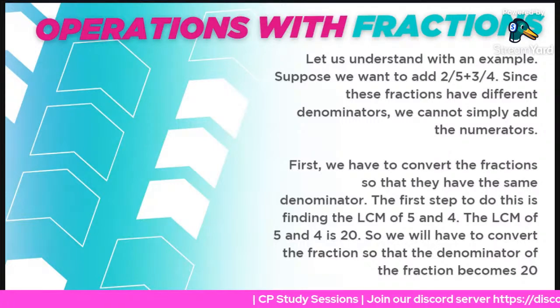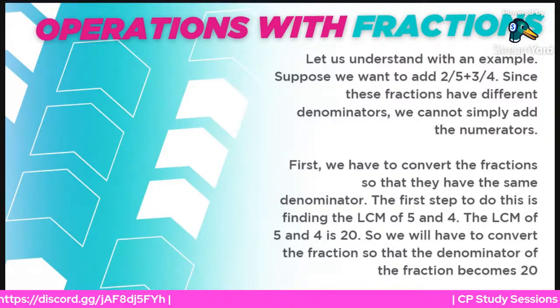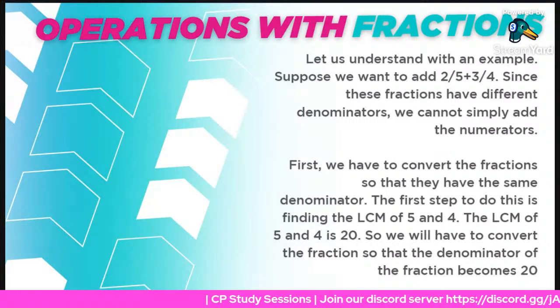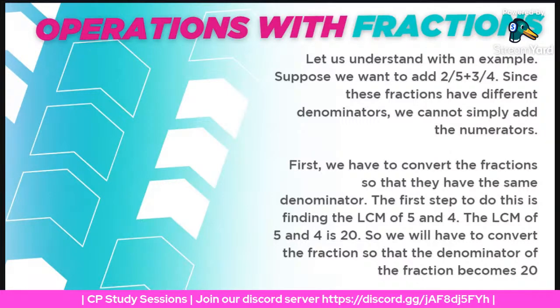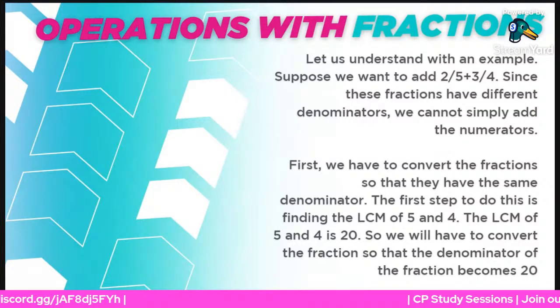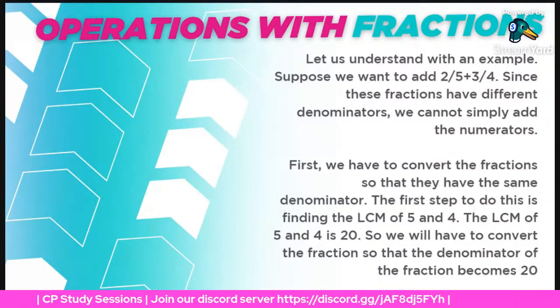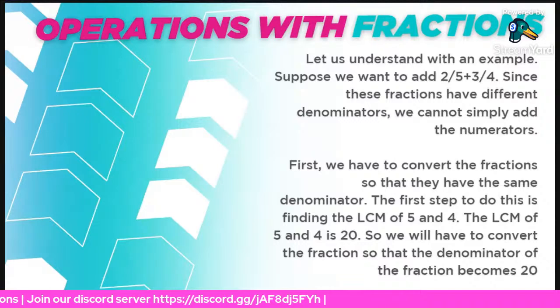Tama. So, if you multiply the numerator and denominator by 4, ano ang makukuha natin? So, what does 2 over 5 equate to? Makukuha natin ay 8 over 20. Tama, correct. So, 2 over 5 is equal to 8 over 20.